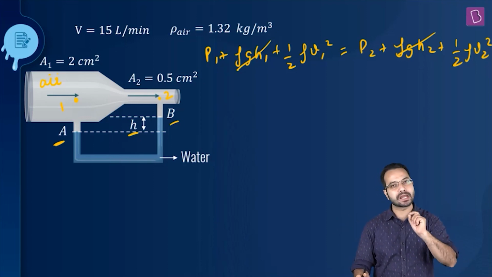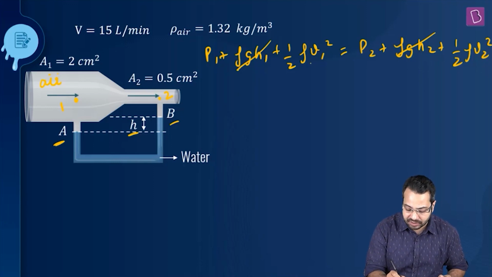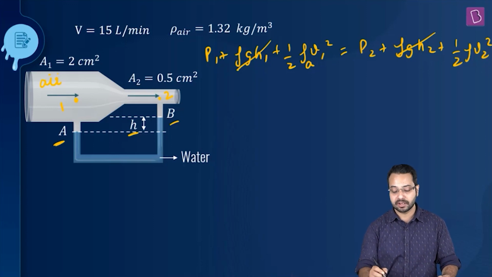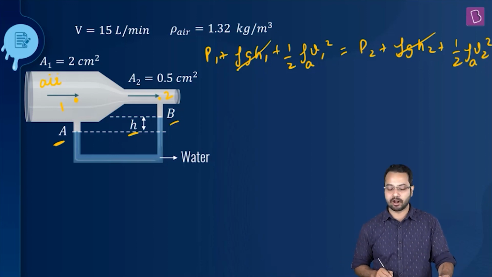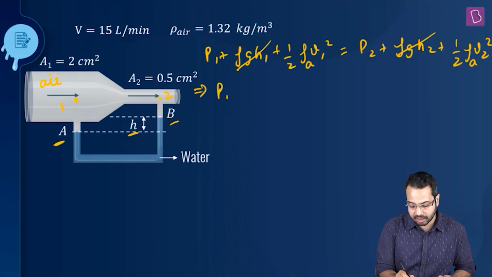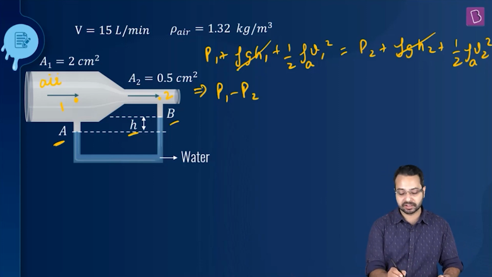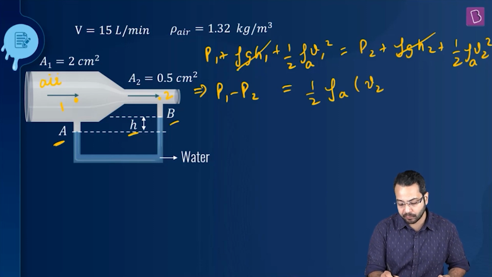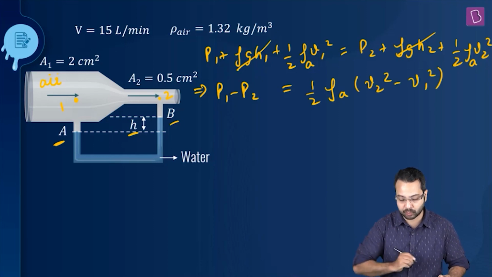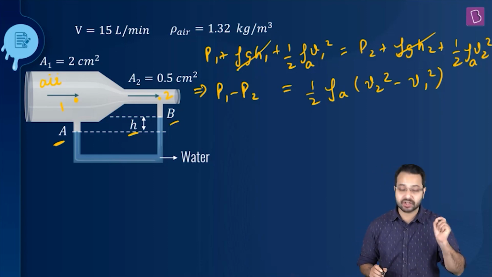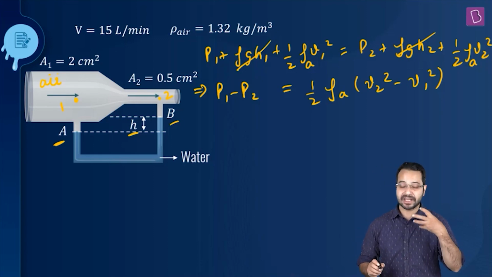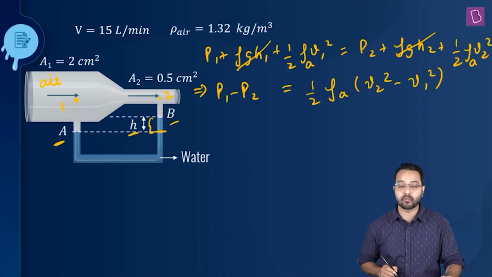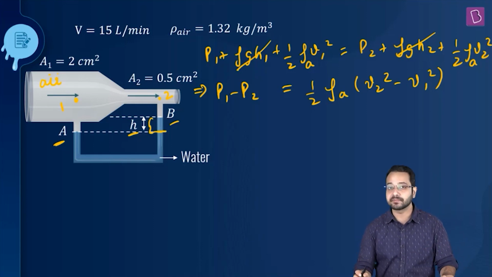Now here we have to be very careful with density because we have written the equation for air, hence the density here has to be the density of air. Alright. Now if we take pressure to one side, so P1 − P2 should be equal to ½ρ_A(V2² − V1²). Okay. Now this pressure difference at points 1 and 2 is causing different heights of water column in both the arms. Okay.